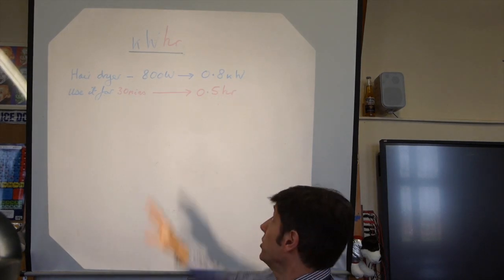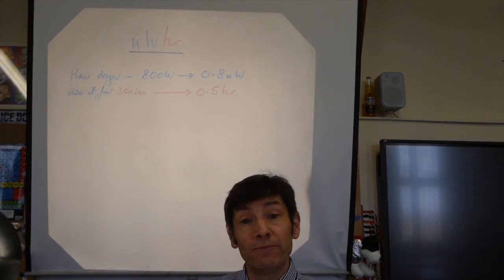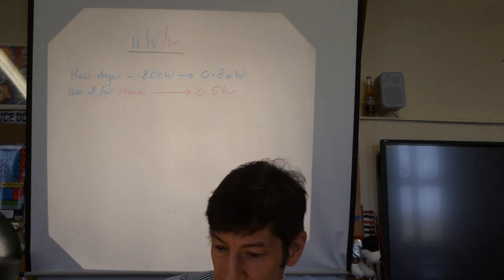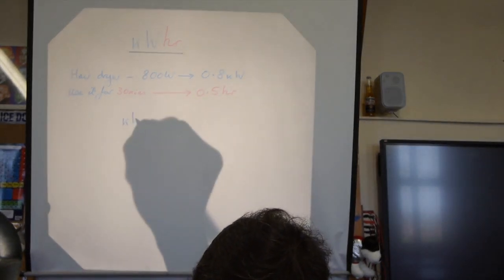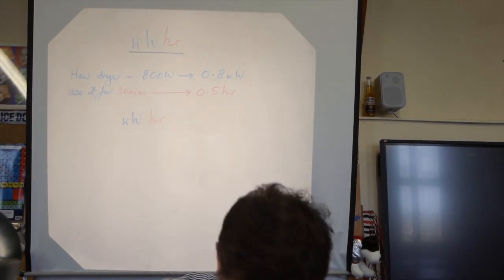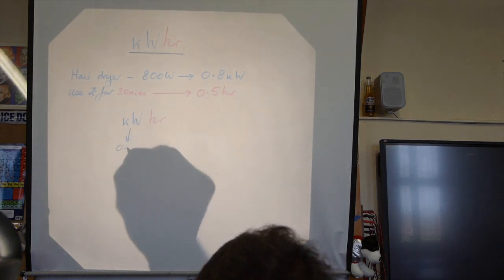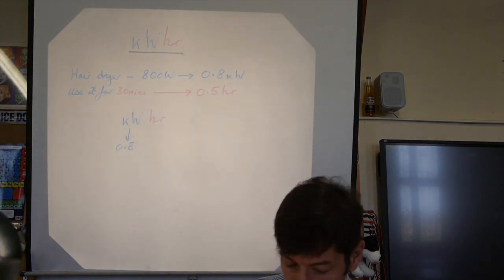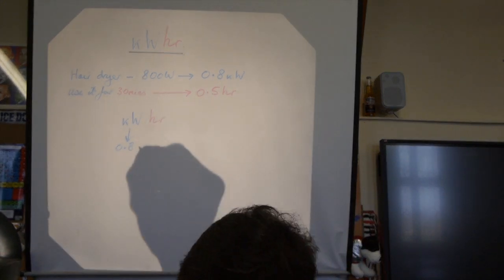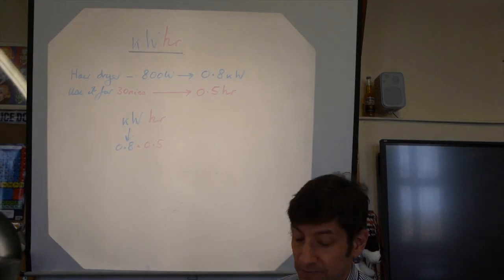Now, when I teach this, I purposefully write kilowatt hours in different colours. So to work out how many units you've used, take the kilowatts and multiply by the hours. So you've got 0.8 kilowatts and you've got 0.5 hours.